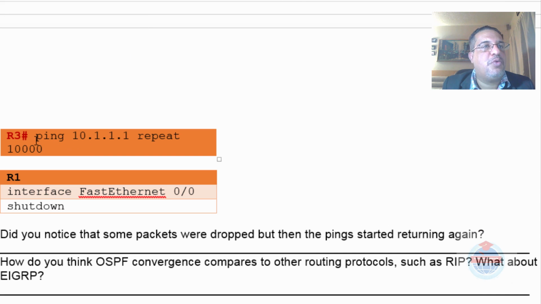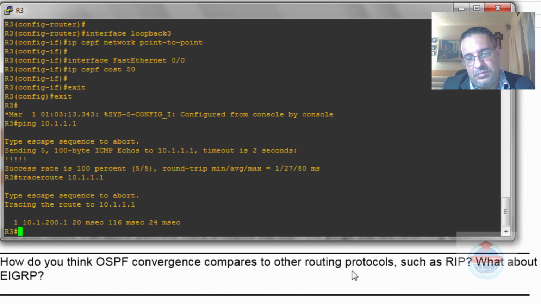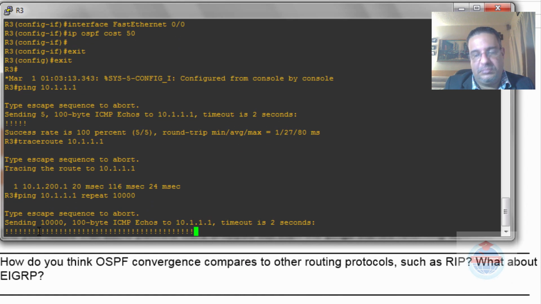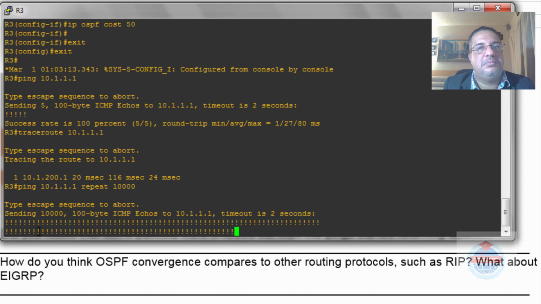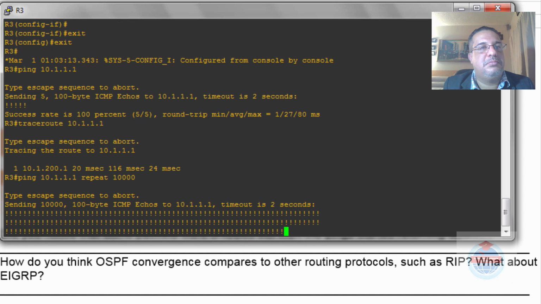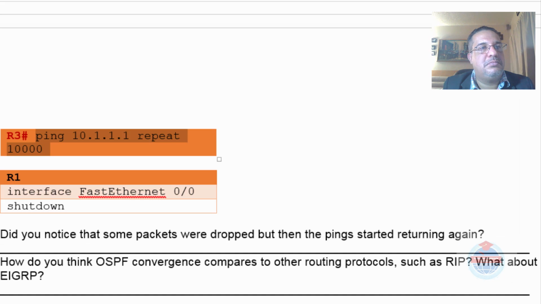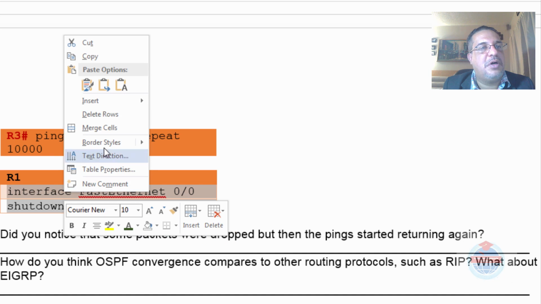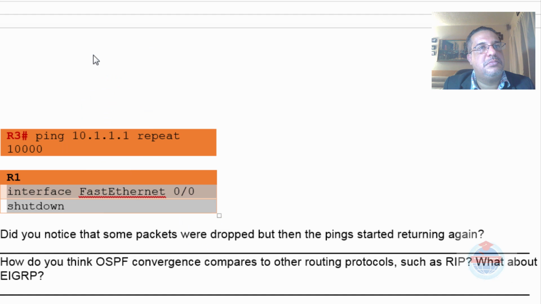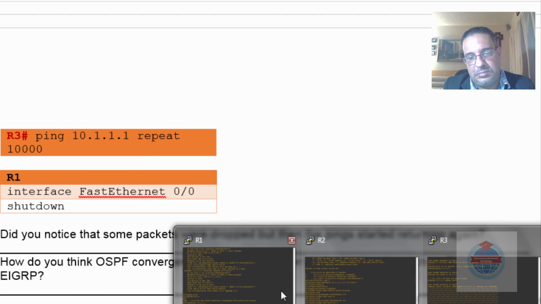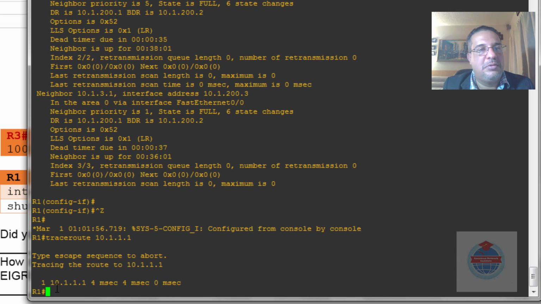We're gonna do a small exercise over here from R3. Nice, isn't it? Now let's try on R1. We're gonna shut down that.